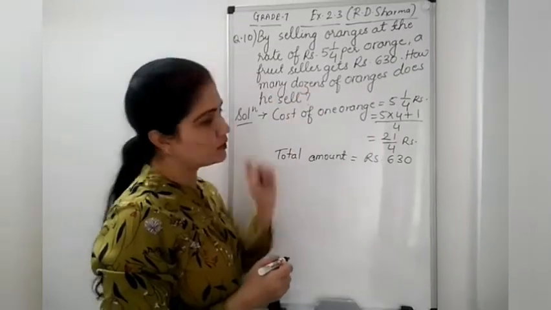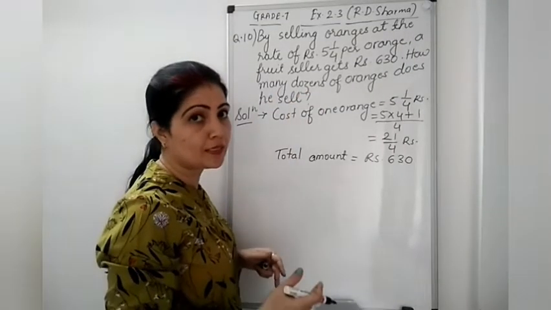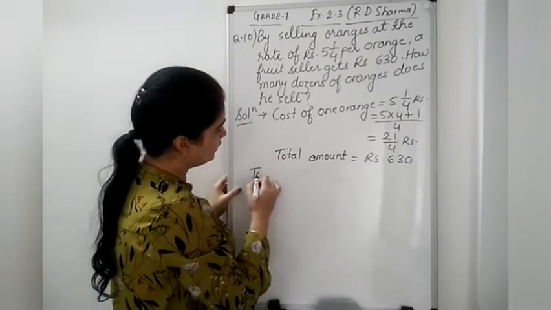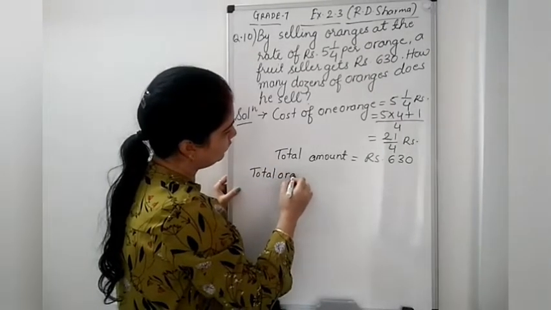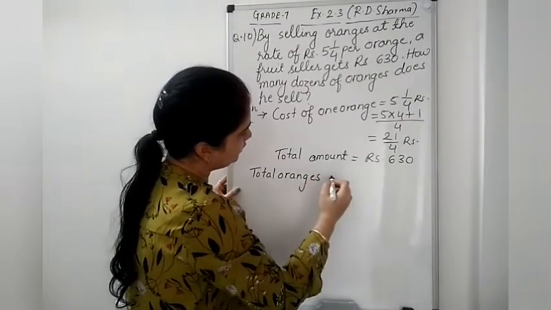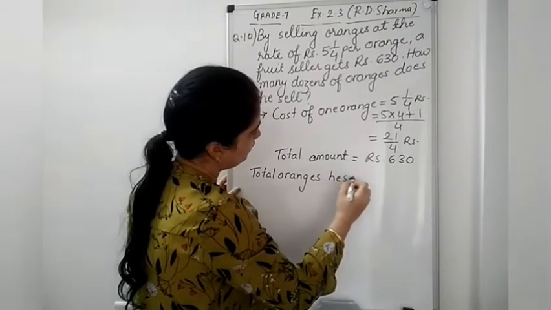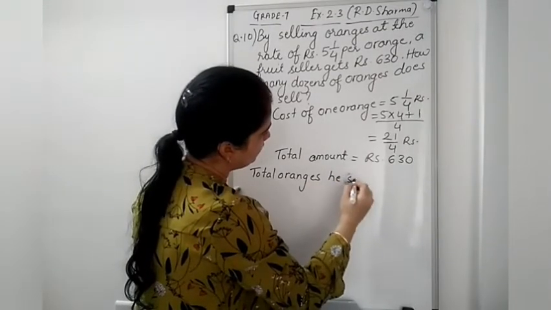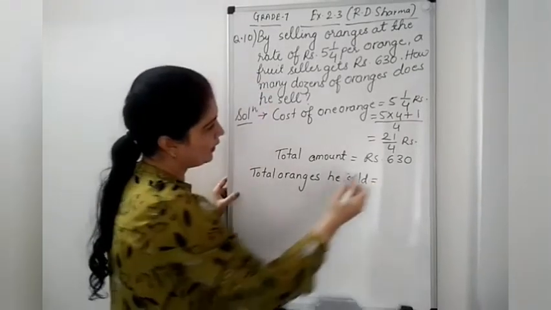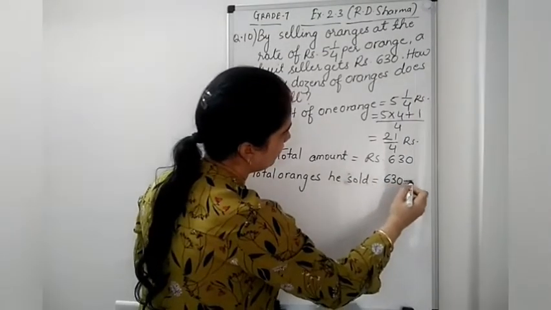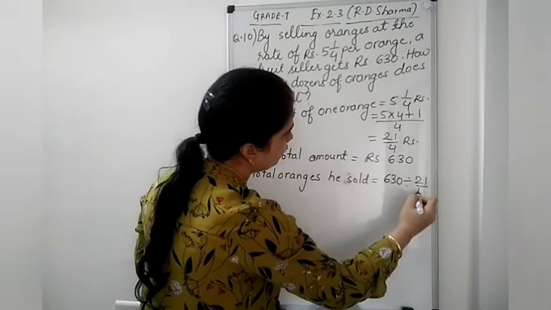So before getting dozens, first we will see how many total oranges he sold. For that we need to divide 630 by 21 upon 4.